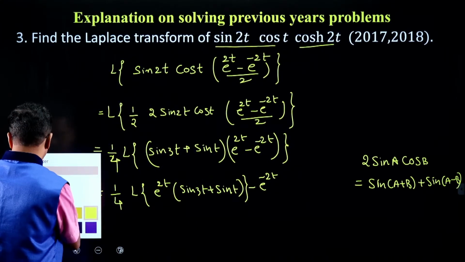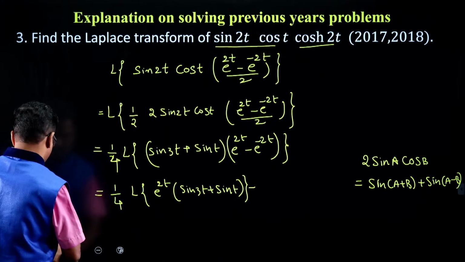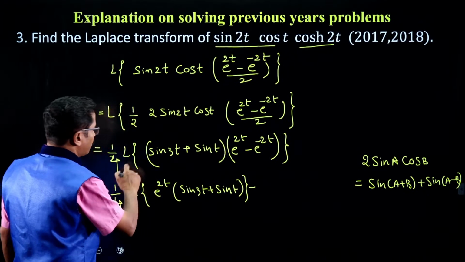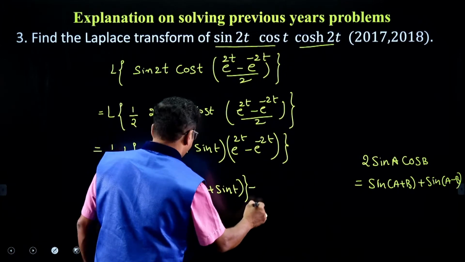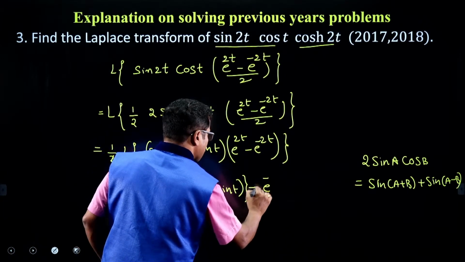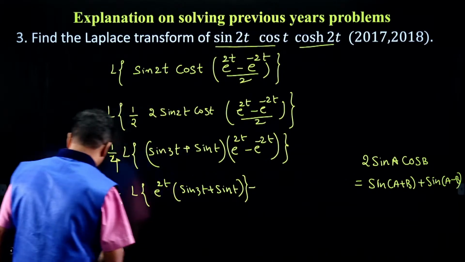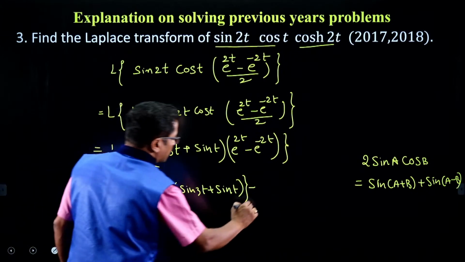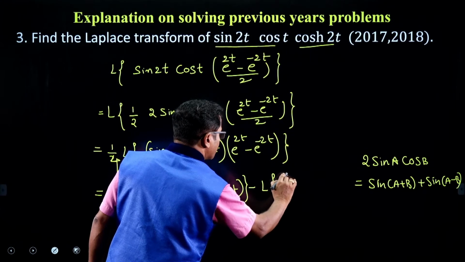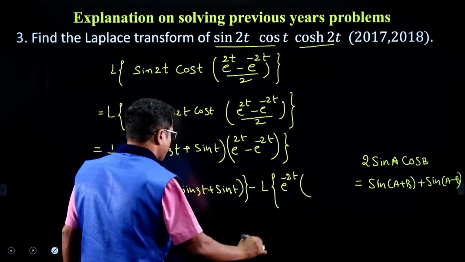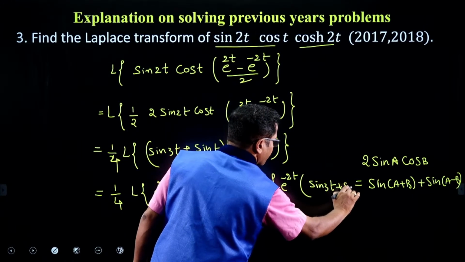I will write this as L of e power 2t, this function, plus e power minus 2t means L of e power minus 2t into sin 3t plus sin t.